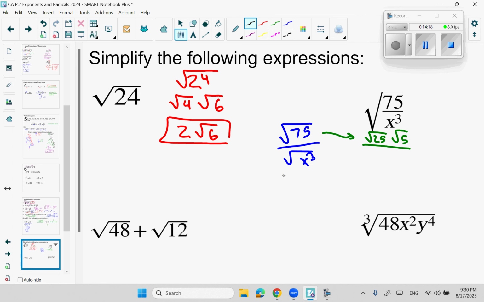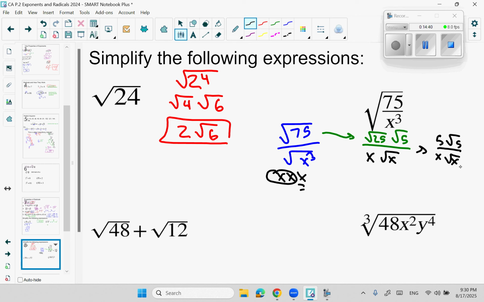X cubed, if I write out 3 x's, the index number is 2. How many groups of 2 can I make? Just the 1. How many x's are left inside the radical? 1. So I would get x square root x. And then 25 square root 5, of course, gives me 5 square root 5 over x square root x.